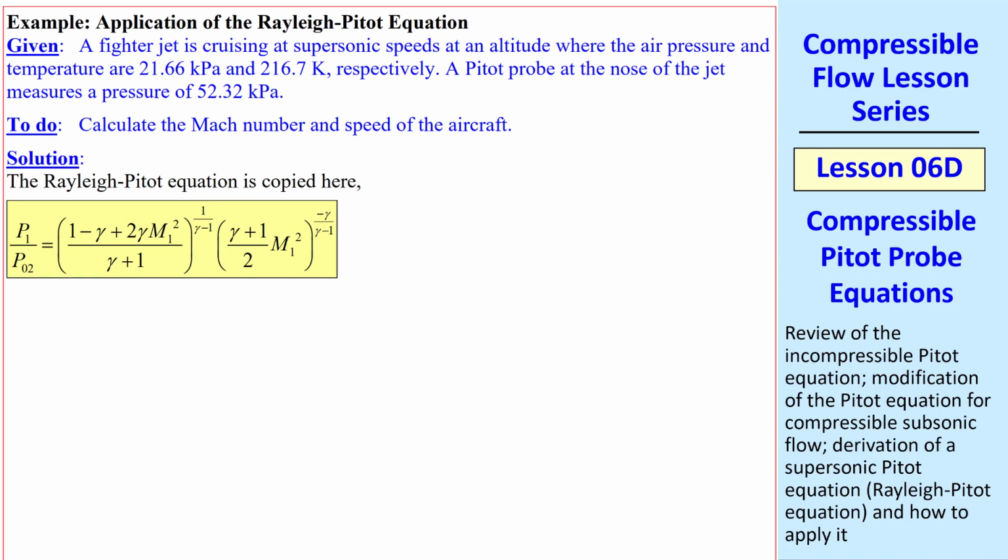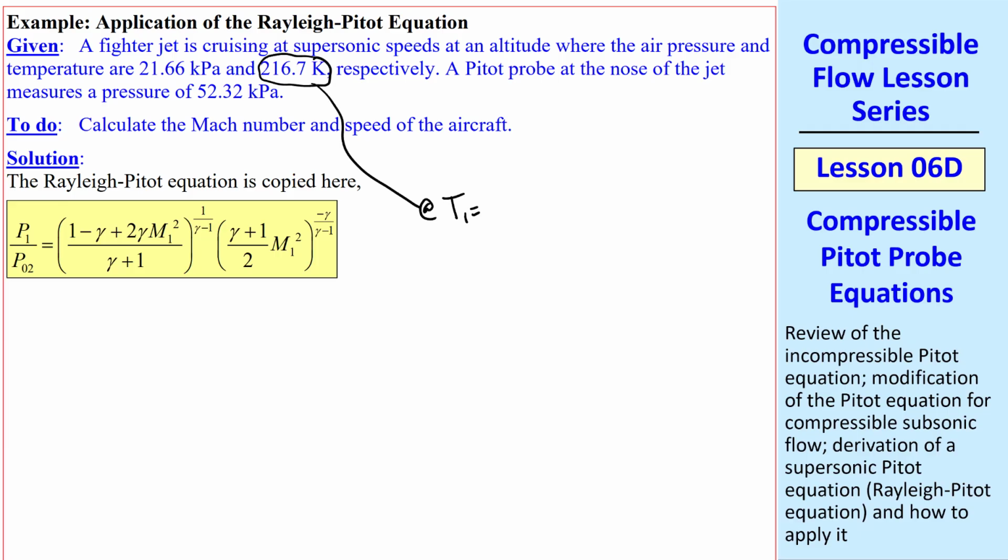Now let's do an example problem. A fighter jet is cruising at supersonic speeds, and at the altitude where it's flying, the air pressure and temperature are known, and the Pitot probe measures 52.32 kPa. Let's calculate the Mach number and the speed of the aircraft. I typed out the Rayleigh-Pitot equation here.